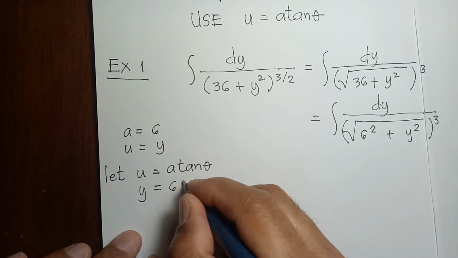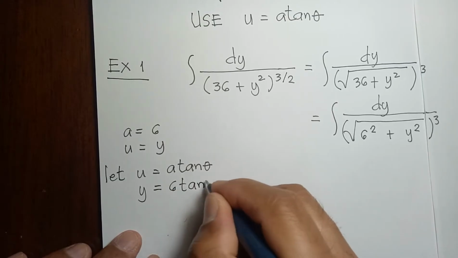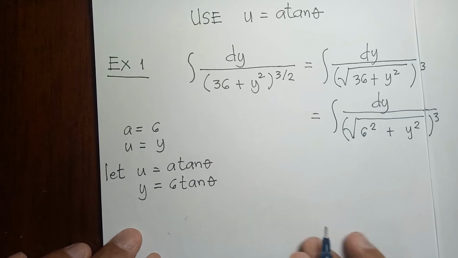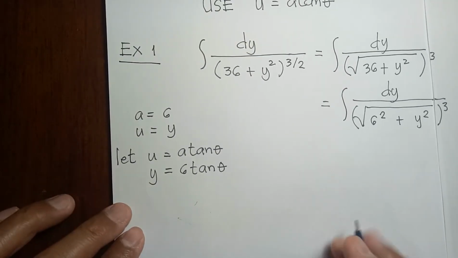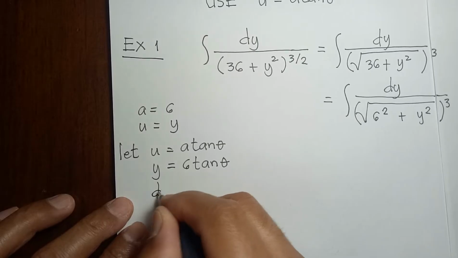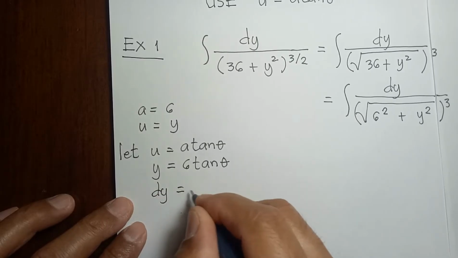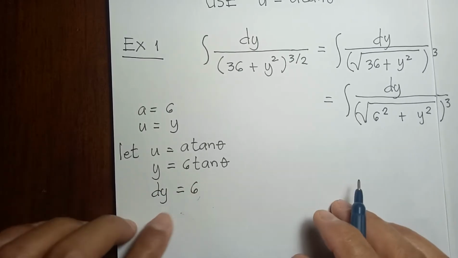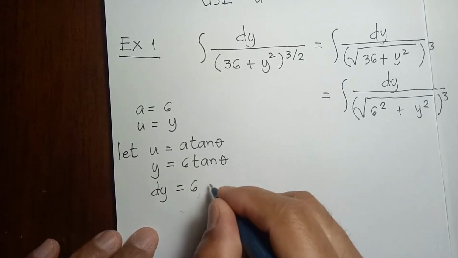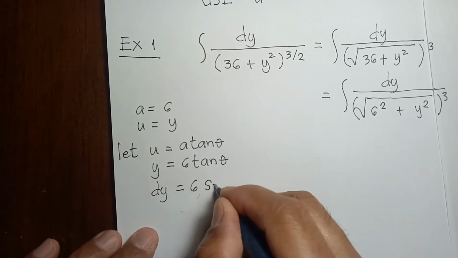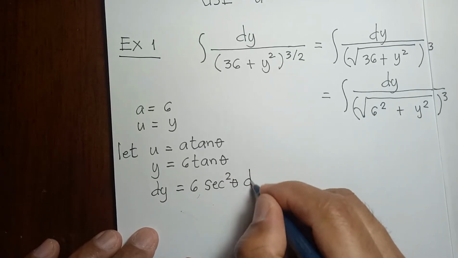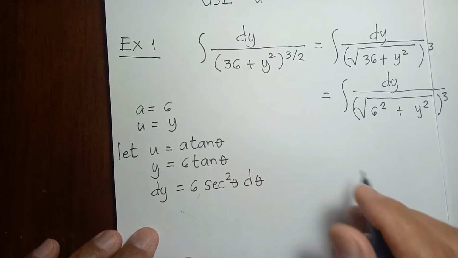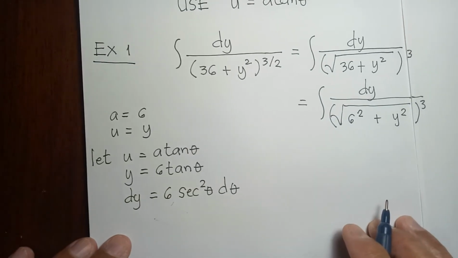So, 6 tangent of theta. Kaya nun, kukuha tayo ng derivative both sides. So, dy equals 6. So, ang derivative ng tangent theta ay secant squared theta d theta.